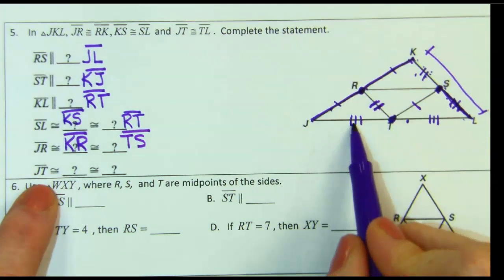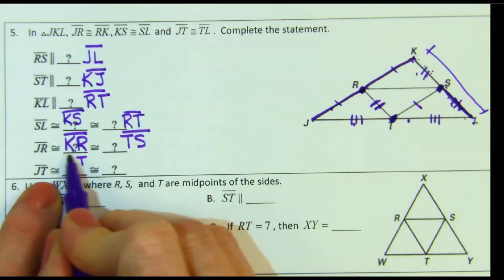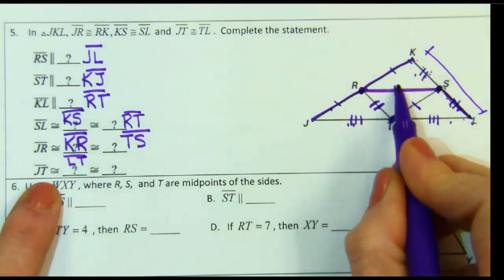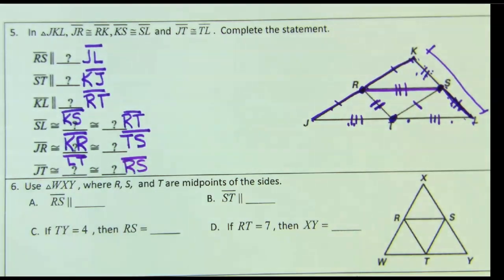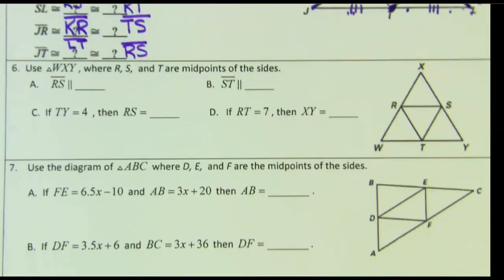JT here is congruent to LT. LT and this would be congruent to RS, which would be here. So basically, because we're dealing with a midsegment, we have relationships everywhere. So now, what I would like for you to do is to pause this video and now follow the slides of the module.